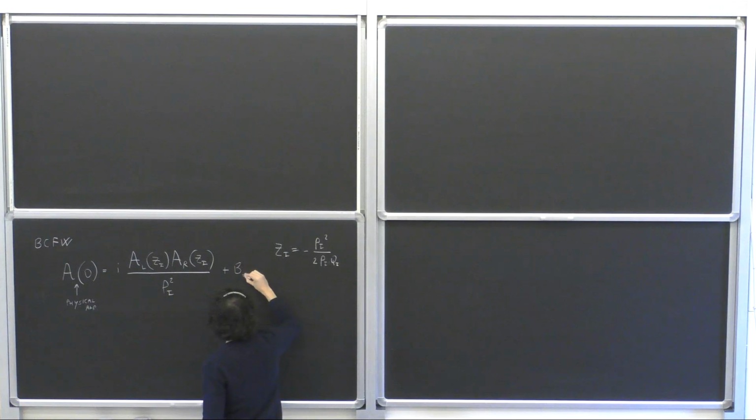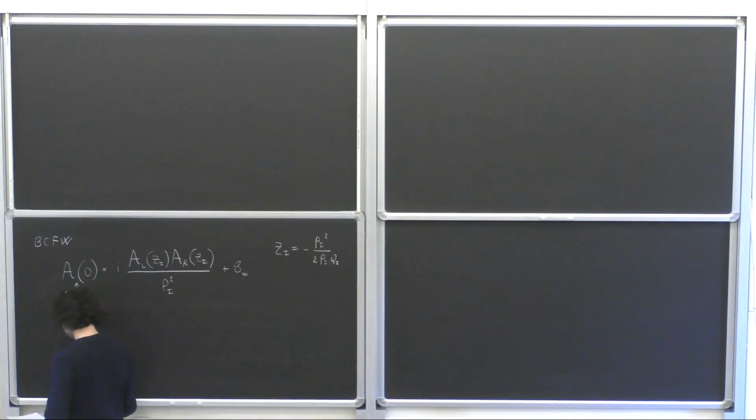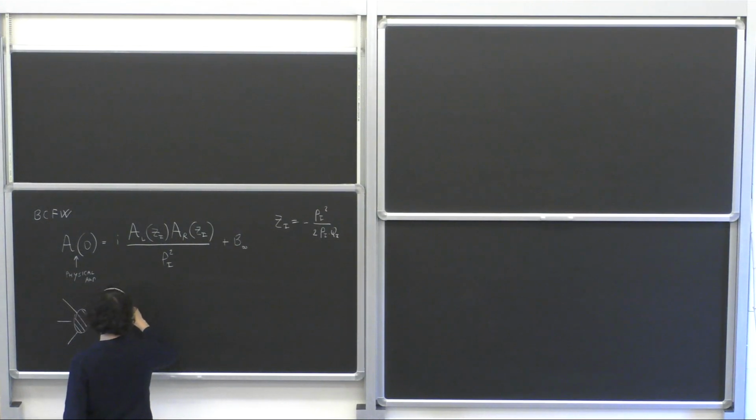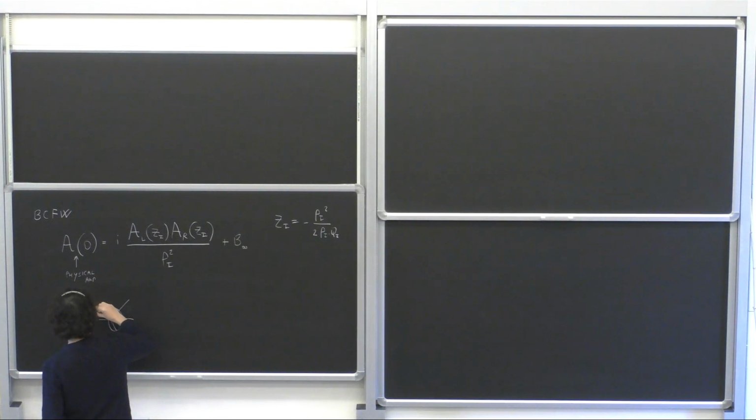And of course, to explain this picture, we need to have in mind the different channels of factorization for an amplitude, so that we have a part on the left and a part on the right of the amplitude, and each pole on the complex plane corresponds to one intermediate propagator going on shell.